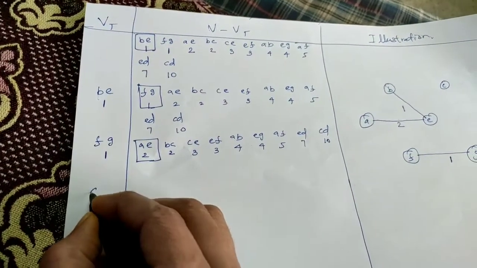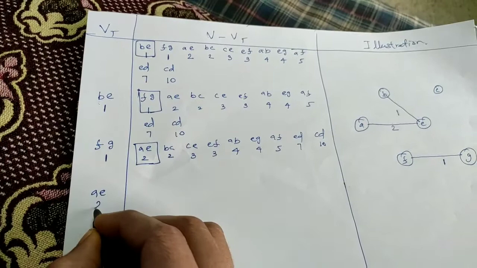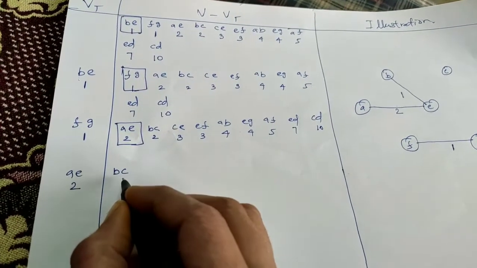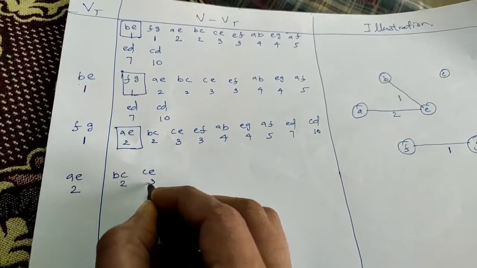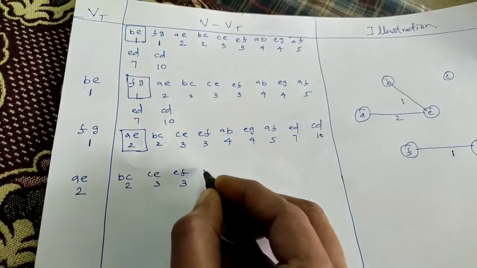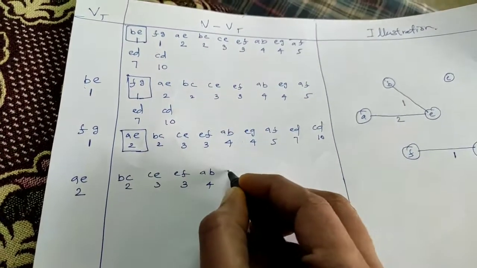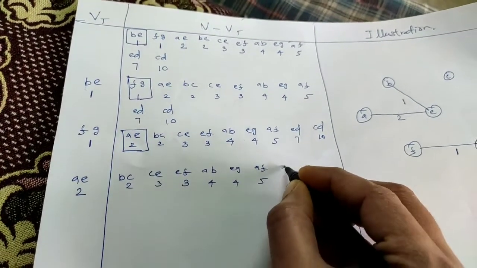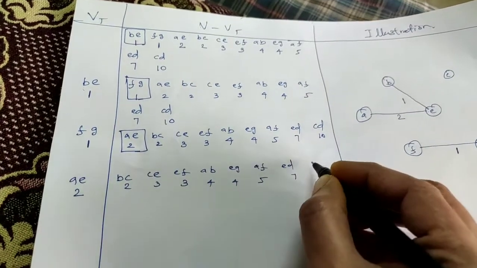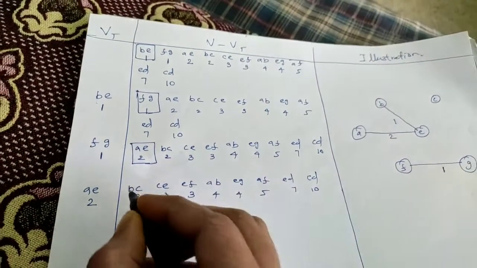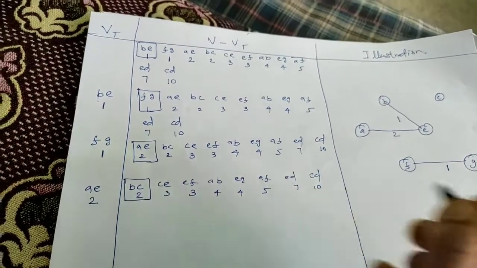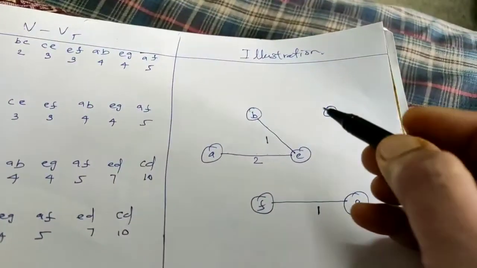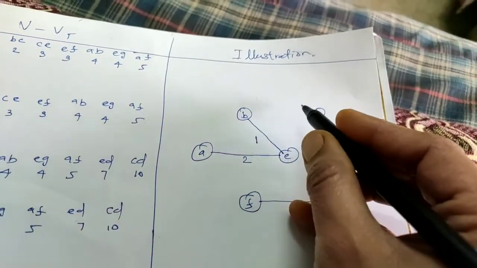I need to bring the edge which got added to the spanning tree. Now write down the remaining edges: BC2, CE3, EF3, AB4, EG4, AF5, ED7, CD10. Select the next edge, BC2. If I include BC in this spanning tree, will it form a cycle?